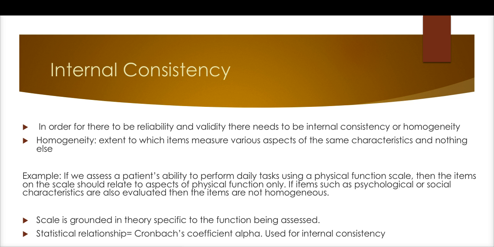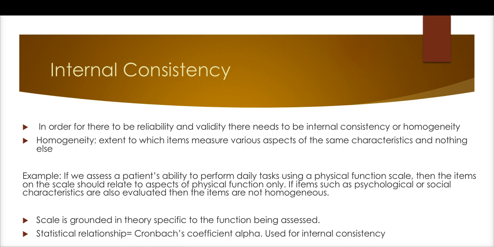Your book gives an example of looking at the Berg Balance Scale. So we know that the Berg Balance Scale consists of 14 items, right? And it's intended to measure one construct, and that construct is balance. So in order to determine internal consistency of this scale, we have to look at inter-item correlation.